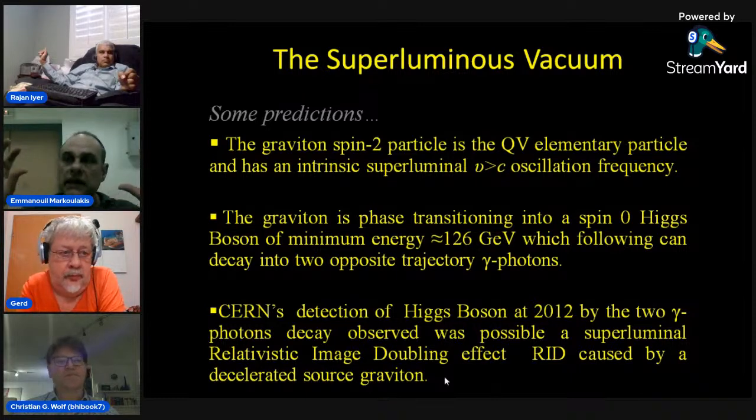So the static, decelerated imprint of the graviton was the Higgs boson. But the actual quantum vacuum particle behind the scenes, I believe, is the graviton, which is, however, a superluminal particle.